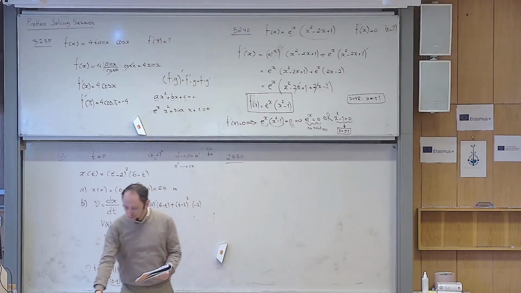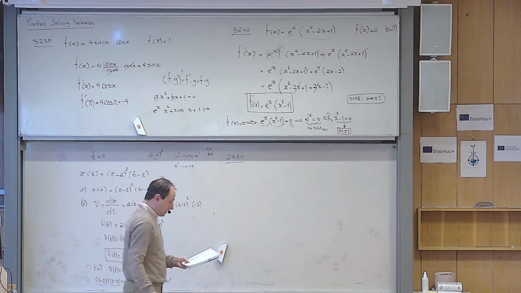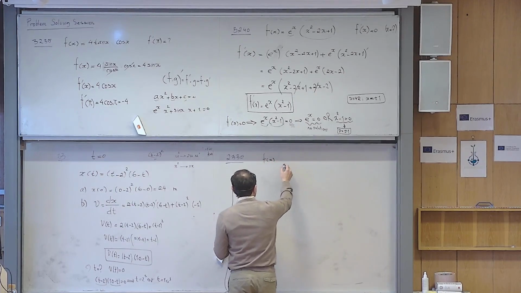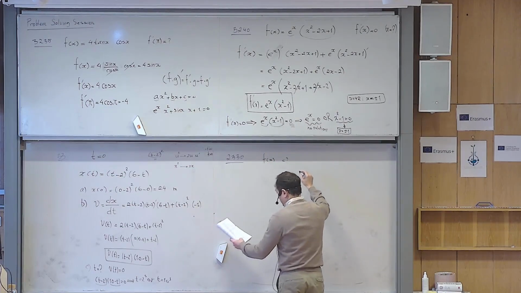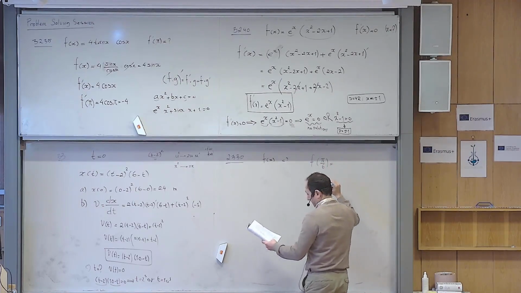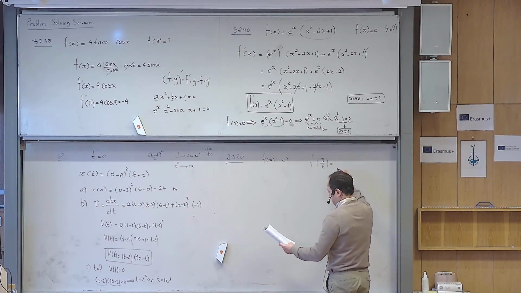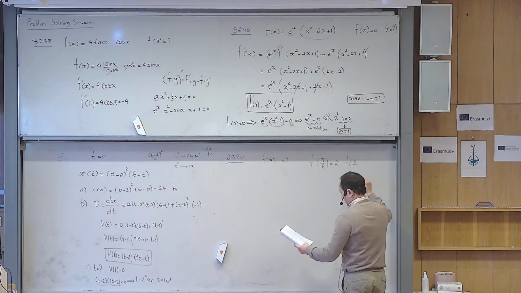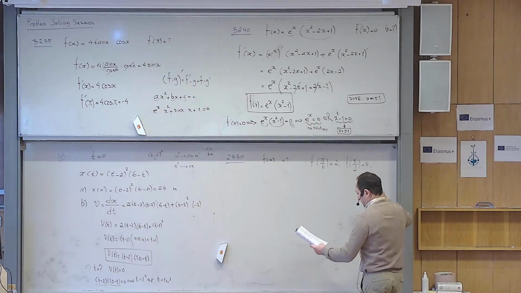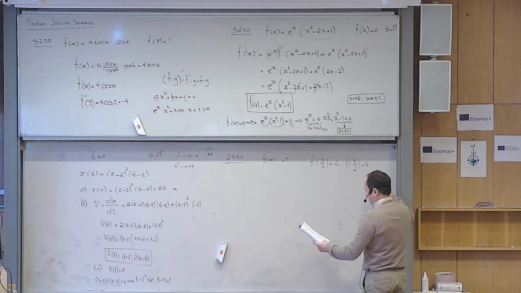So I want to find a trigonometric function f of x so that we have these properties. F of pi over 6 is 2. F of pi over 2 is 3. And f of pi is 1.